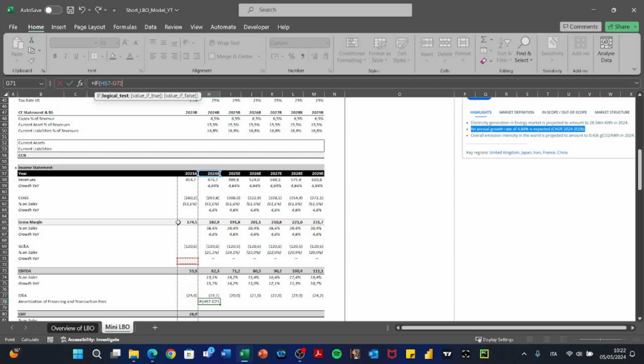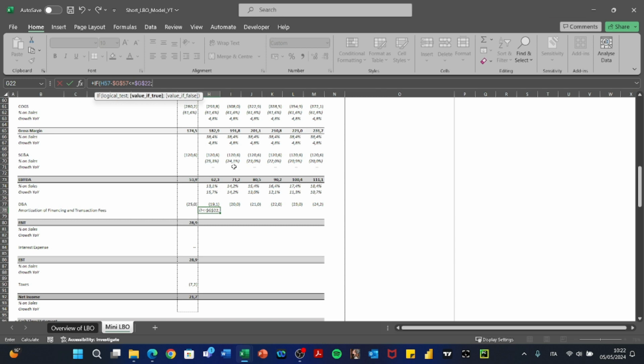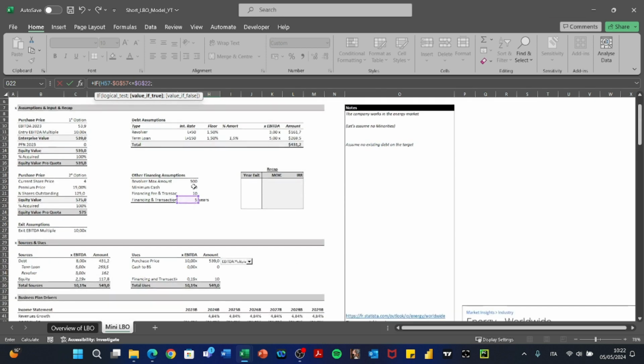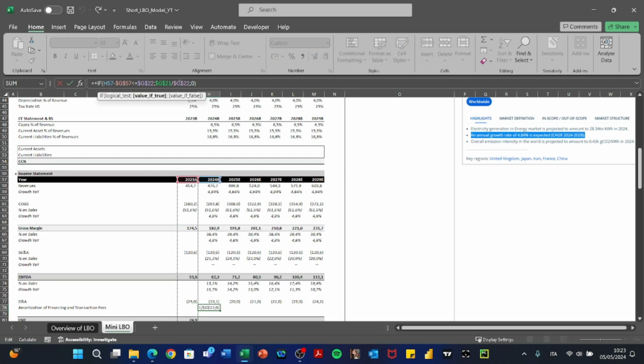Then 5 years, block, otherwise we can put 0. It is negative.